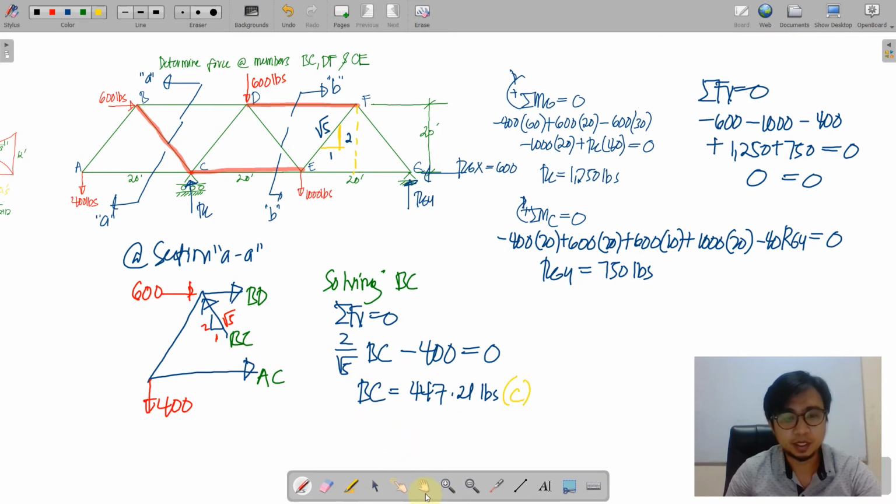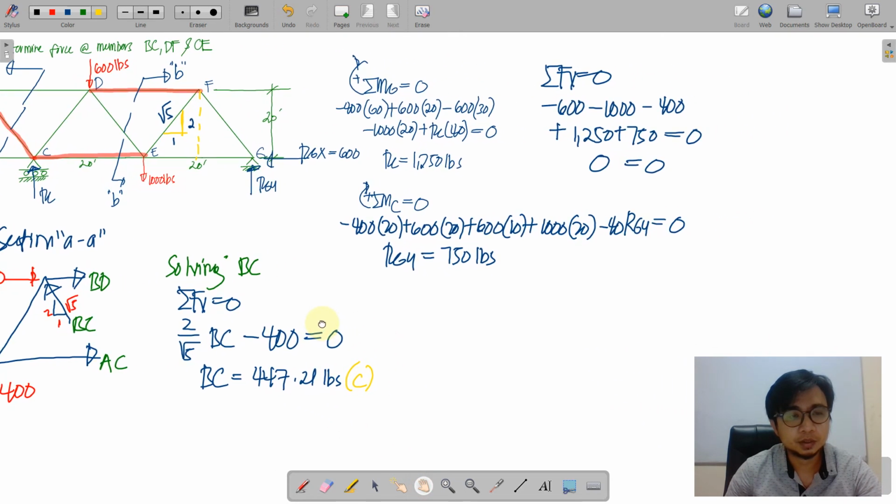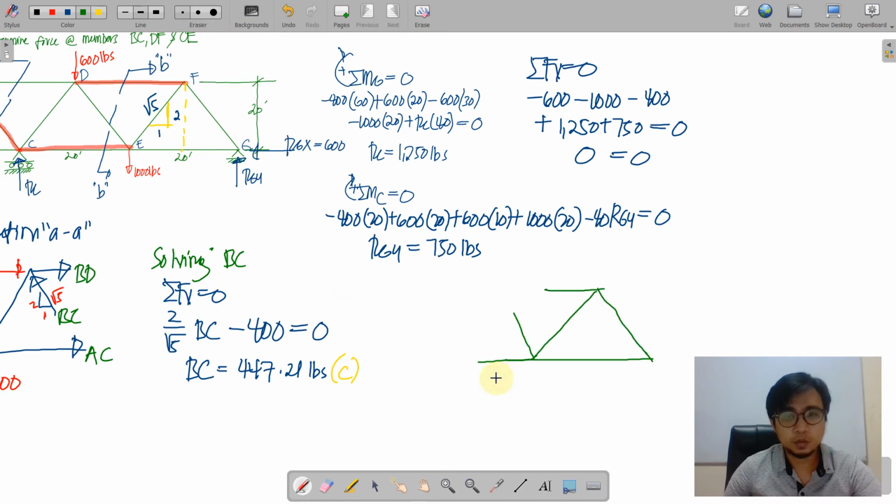Okay, for the next unknowns, we have DF and CE here. A cut section BB would involve here CE and DF for the next round of section analysis. Illustrating our section, we have here the section. We place the forces. It involves 1000 here.